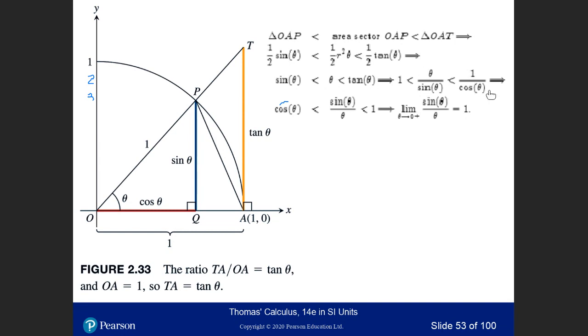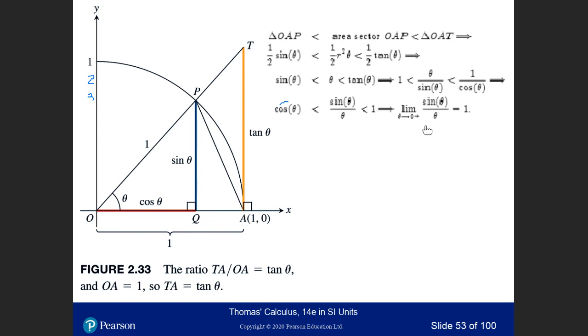Now if you take the reciprocal of everything, cosine theta is less than sine theta over theta, which is less than 1. As theta approaches 0, cosine theta approaches 1, and the constant is 1 also.